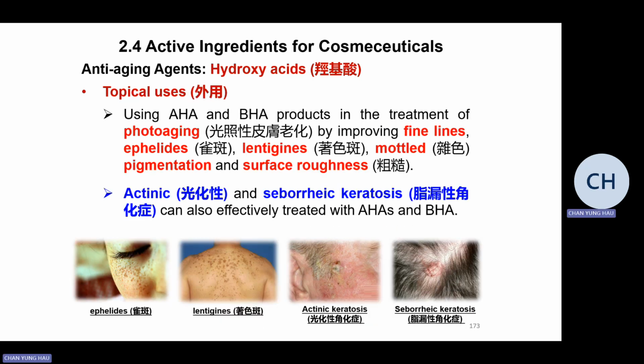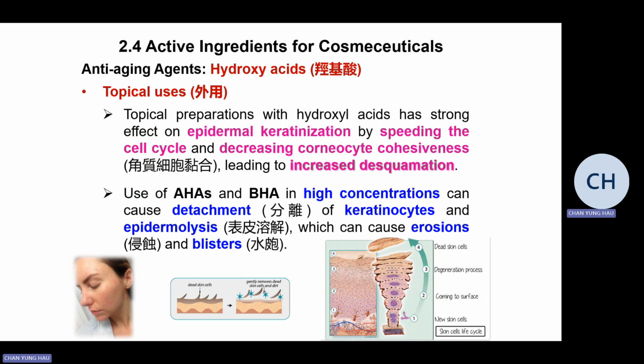For topical use, AHA and BHA products can be used for the treatment of photoaging. Actinic and seborrheic keratosis can also be effectively treated with AHA and BHA. The topical preparation with hydroxy acid has a very strong effect on epidermal keratinization, speeds up the cell cycle and decreases the corneocyte cohesiveness, and that will cause increased desquamation.